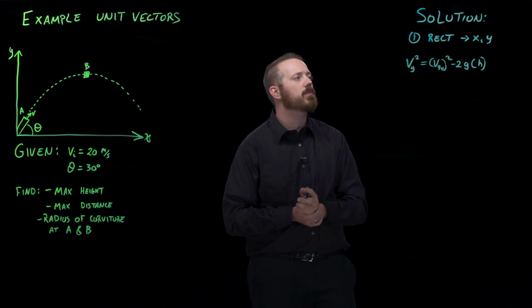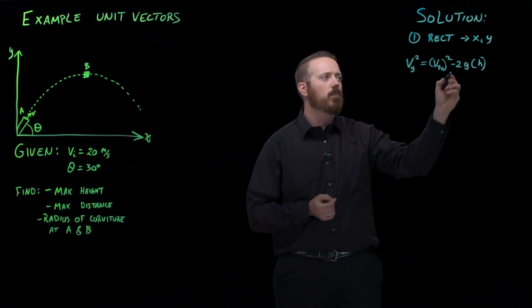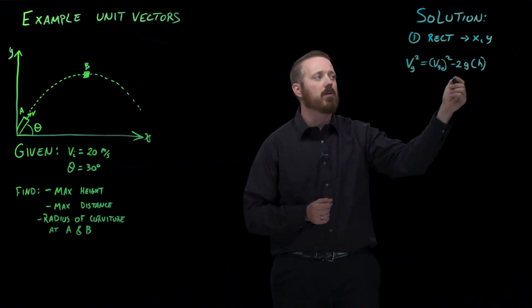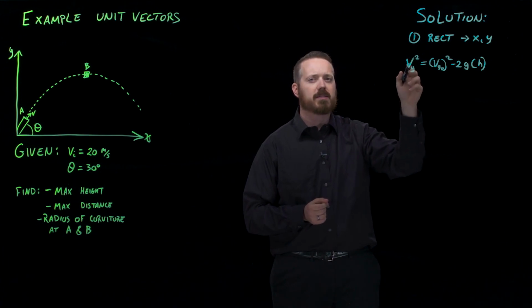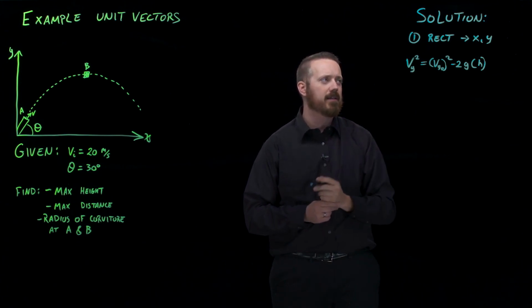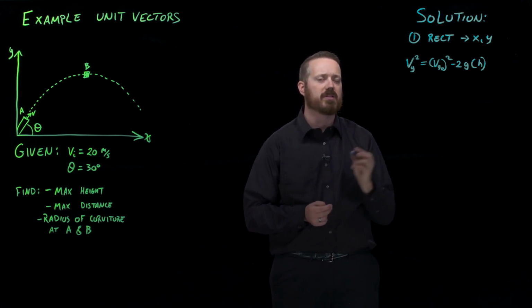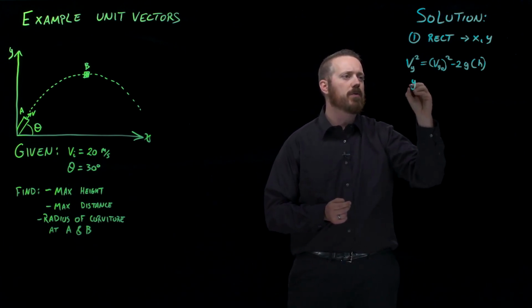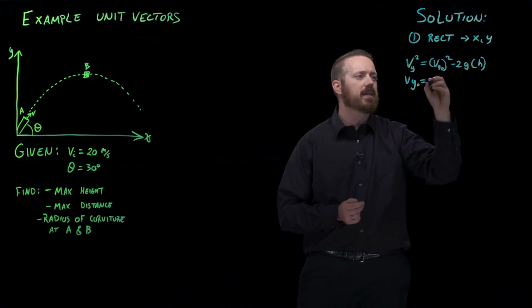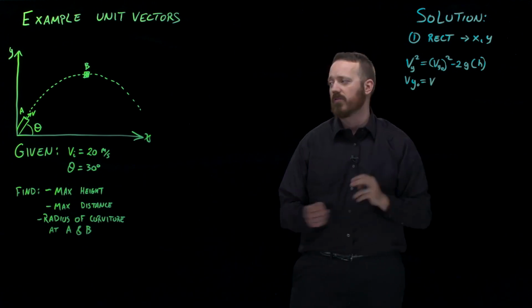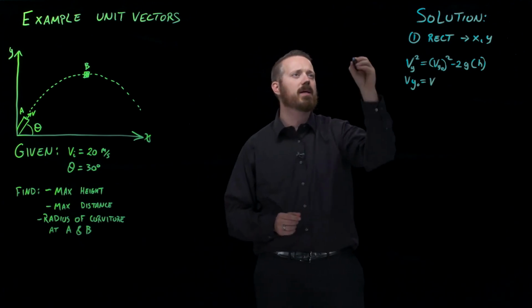Well, what do we know about this problem so far? We don't know the height, that's what we're looking for, and we don't necessarily know the velocity at the height, but we can determine what this initial portion of that velocity is. So the initial velocity in the y direction needs to come from the total velocity, and then we're going to have some angle.